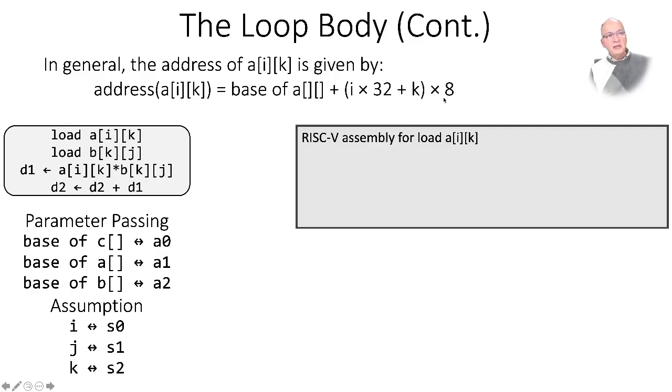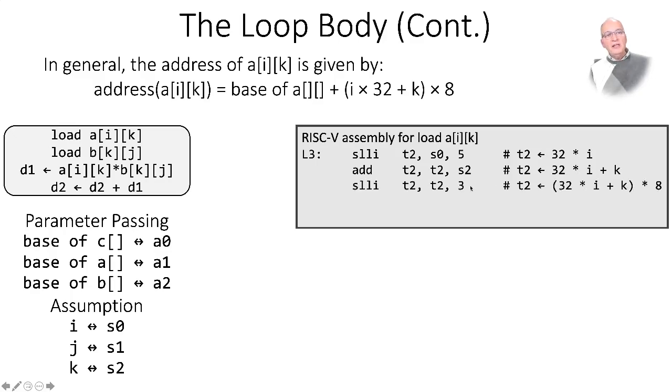So the RISC assembly to do that load will be, I do a shift left logical immediate of 5 because I need to multiply by 32. This is because of the size of my matrix, in this example 32. And then I add K to that. And now I need to multiply this by 8. So multiplying by 8 is a shift left immediate of 3. And then I add this to the base address of the array A, and that gives me the address of that location.